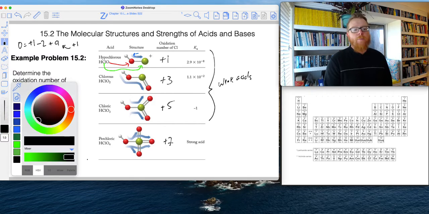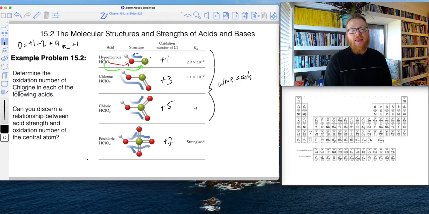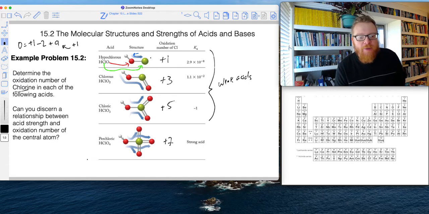So now, because this chlorine is +1, it's positively charged. It is pulling electrons away from this central atom. And because there's only one of those chlorines, the oxygen doesn't count right here because it's the same for each one of these structures.